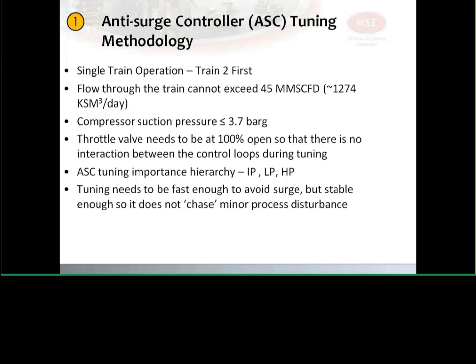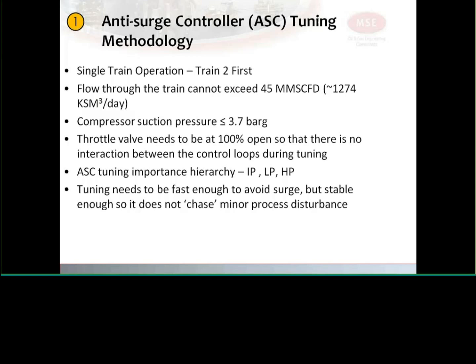If you try a conventional tuning method where you tune the LP, IP, and HP in chronological order, it doesn't work. It's because the system, both upstream and downstream, is unstable. And if none of your stages are actually tuned, you could never achieve any good level of tuning for any one of the stages. So this was the only way we could tune it properly.